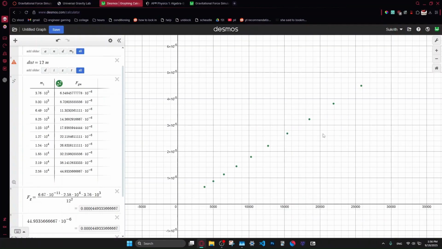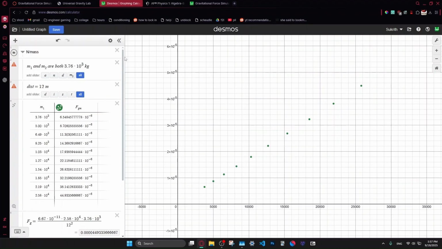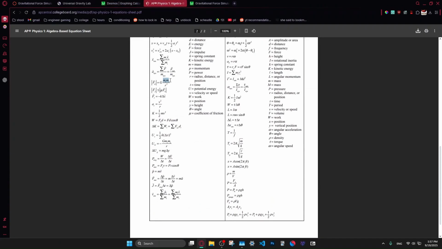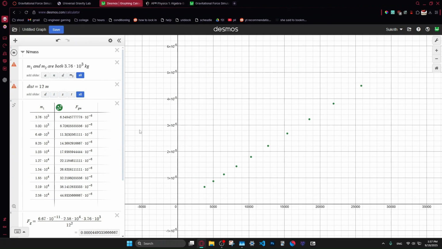As you can see, it's pretty linear, which makes sense, because in the formula for gravity, which is in our formula sheet, mass should be proportional to force. So that means we did it right. Whenever you change your mass and keep everything else the same, it should make a line.